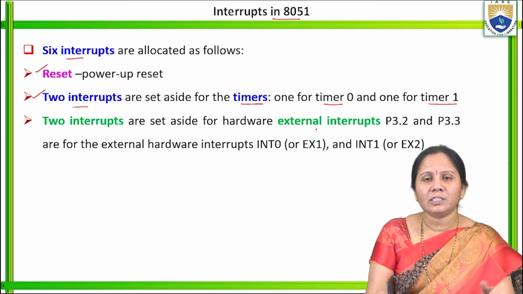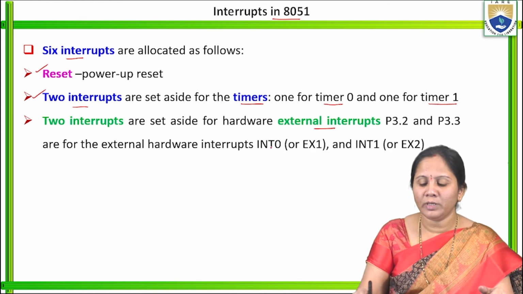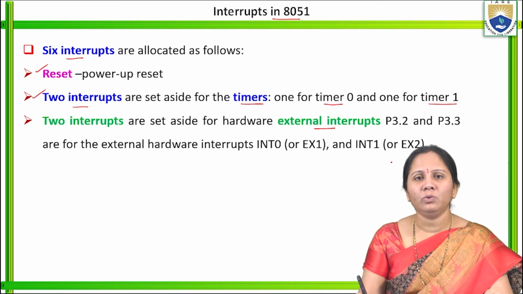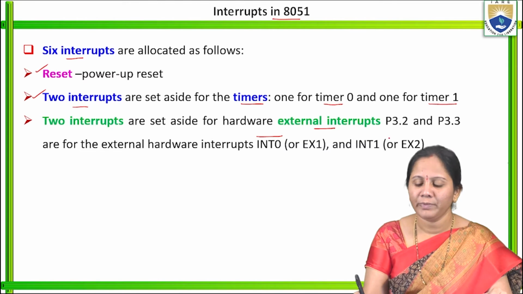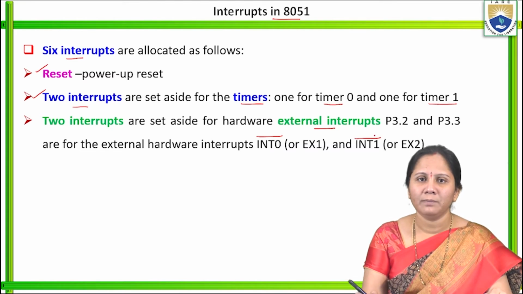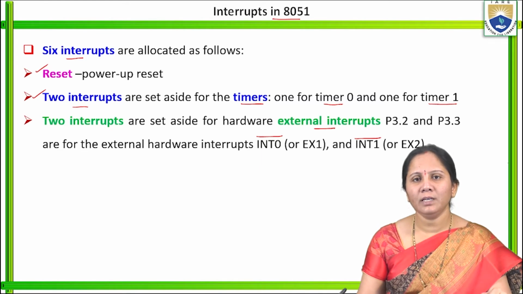And the next 2 interrupts are related to external interrupts. So here we have 2 pins in the pin diagram of the 8051 microcontroller in order to handle external interrupts. What are they? INT0 and INT1. So these are the 2 external or hardware interrupt pins.